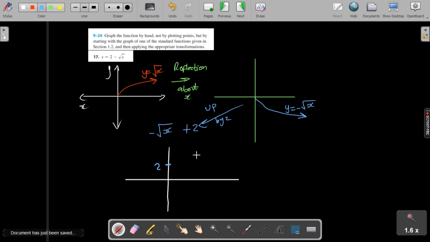And at that point, it should now go down like that. And this is now what you have. So this here is y equals 2 minus square root of x. We've applied a reflection about the x-axis, and we shifted the graph upwards.